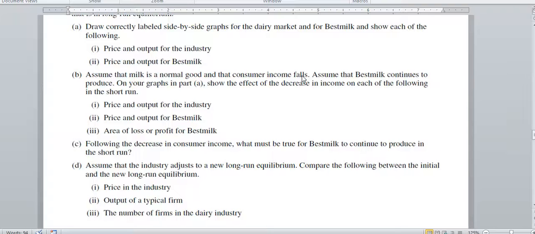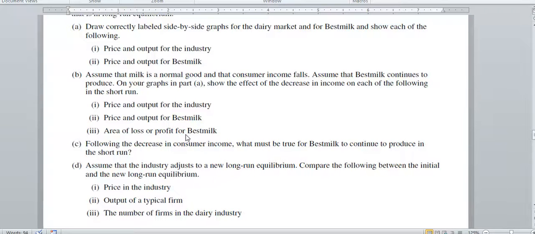So we're also going to assume that Best Milk, the firm, continues to produce. So on your graphs in Part A, show the effect of a decrease in income on each of the following in the short run: price and output for the industry, price and output for Best Milk, and the area of loss or profit for Best Milk.